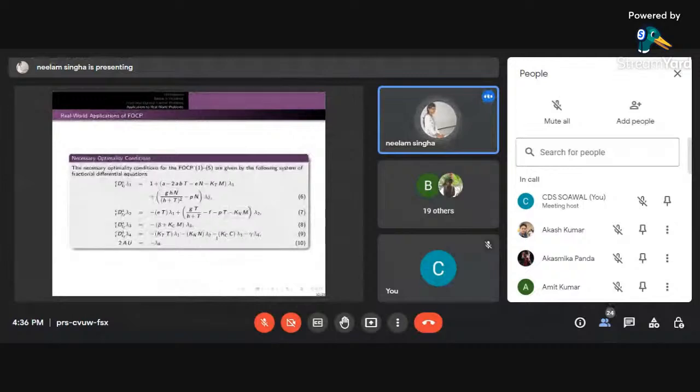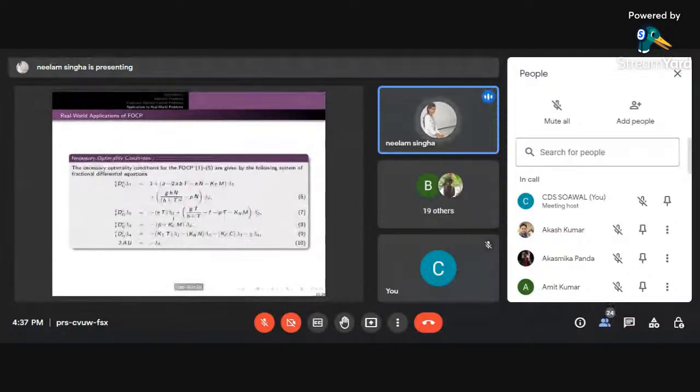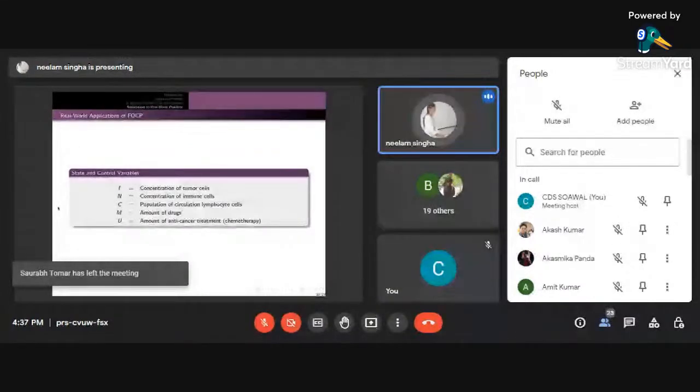So I have chosen the Adomian decomposition method. What we do in the Adomian decomposition method is approximate the state variables. Except u, which is the controlling variable, T, N, C, and M are the state variables. So we approximate the state variables with a series solution, an infinite series.